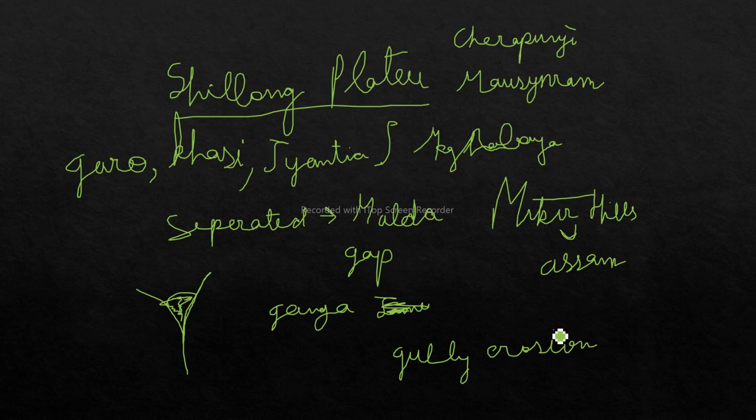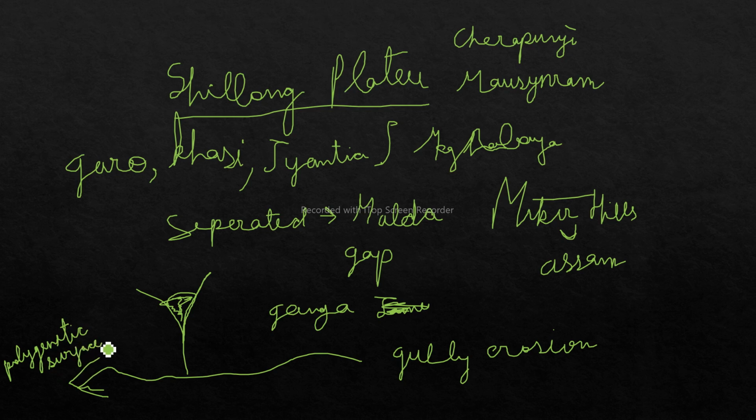And because of this gully erosion, the Shillong Plateau is forming a polygenetic surface.